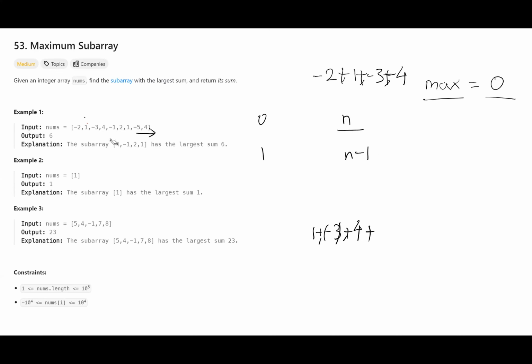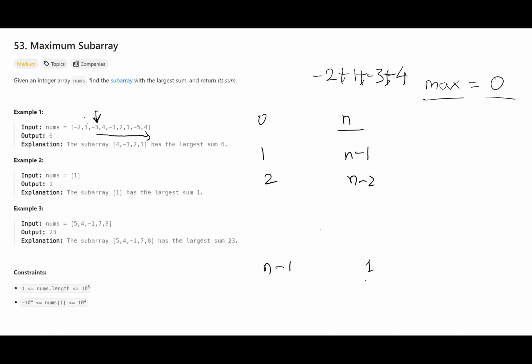Then we start with index 2, and keep on adding n minus 2 elements. Finally, for the last index, the n minus 1 index, we just do it one time.